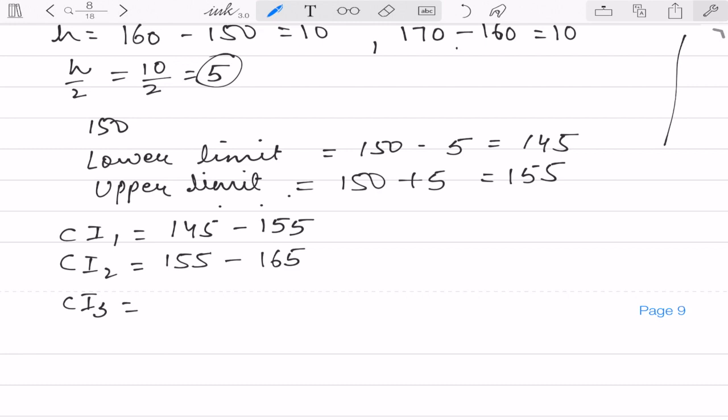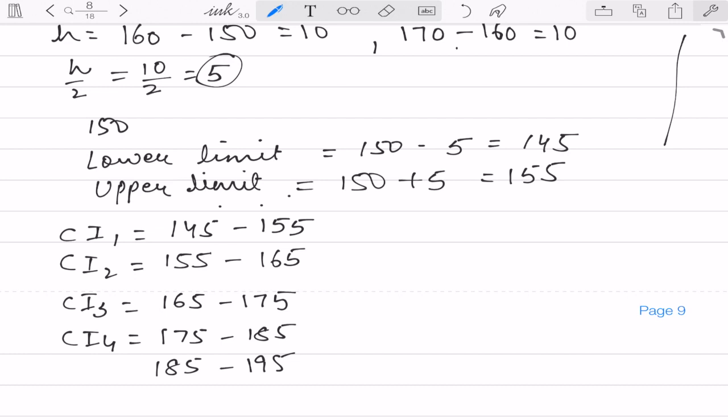So our third class interval is 165 to 175. Fourth is 175 to 185 and so on. The last class interval is 195 to 205. So these are the class intervals. We will draw the frequency polygon.